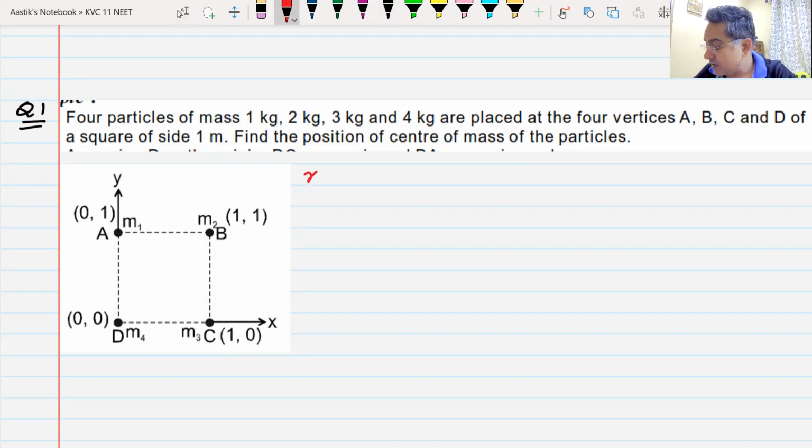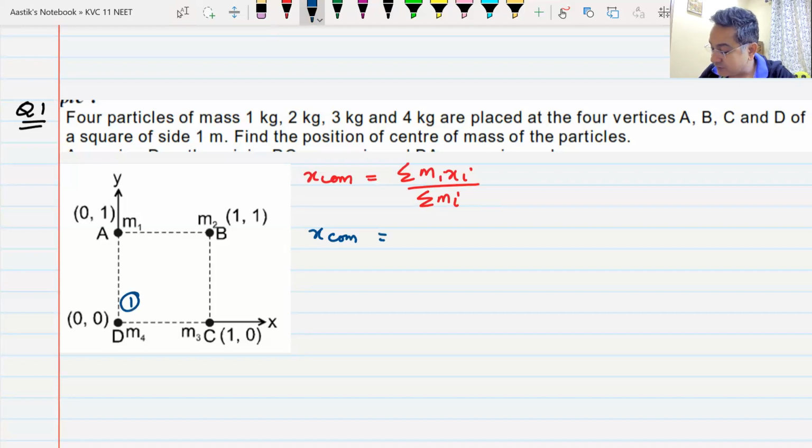Not a problem. You have to find the x position of the center of mass. I will apply the formula: summation of mixi, which means we add the mixi and divide it by the total sum of the masses. Let me call this body 1, this body 2, this body 3, and this body 4.